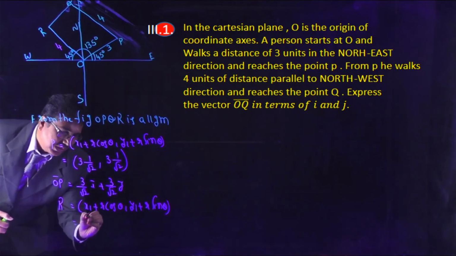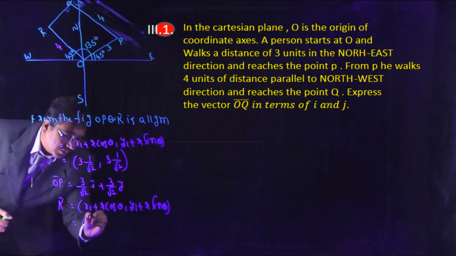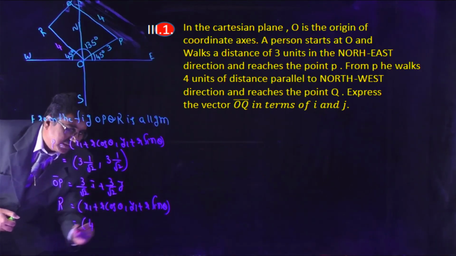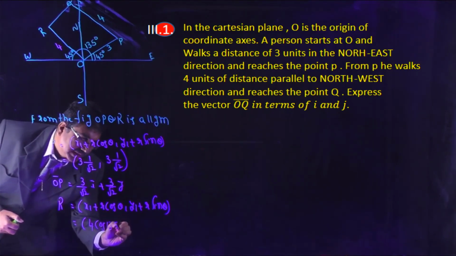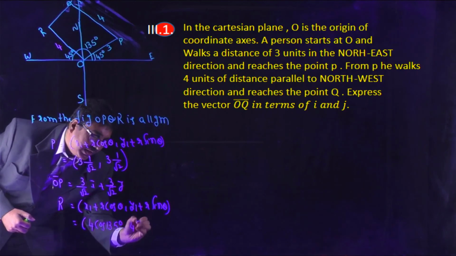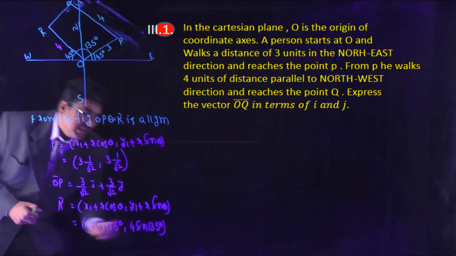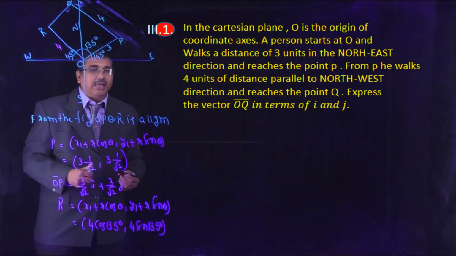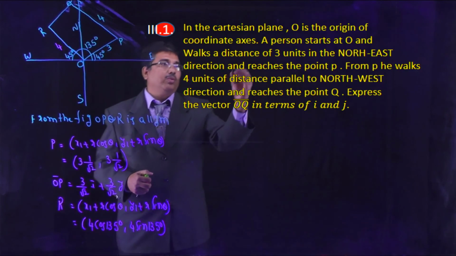Here also x1 comma y1 is origin, r is 4 units, theta is 135 degrees, so 4 cos 135 degrees, 4 sin 135 degrees. Right, cos 135 degrees is equal to minus 1 by root 2.